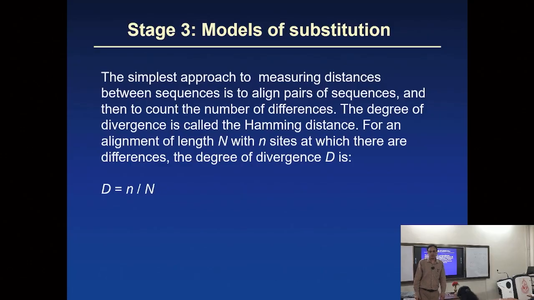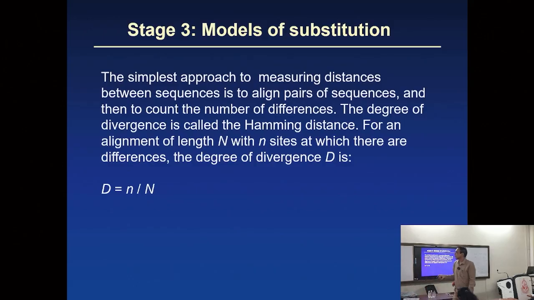So one approach could be that okay, I will look pairwise in the multiple alignment, two sequences, and I will compute the divergence of the sequences, so all pairs in the multiple alignment. And one very simple approach is to get the mismatches in the alignment of two sequences. Okay, so get percent mismatches or percent changes, that is called Hamming distance.